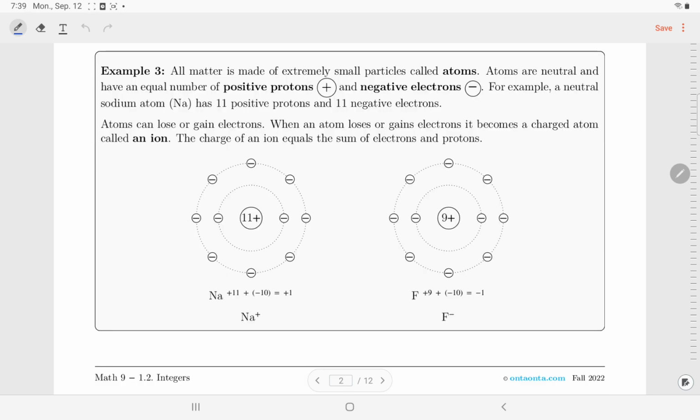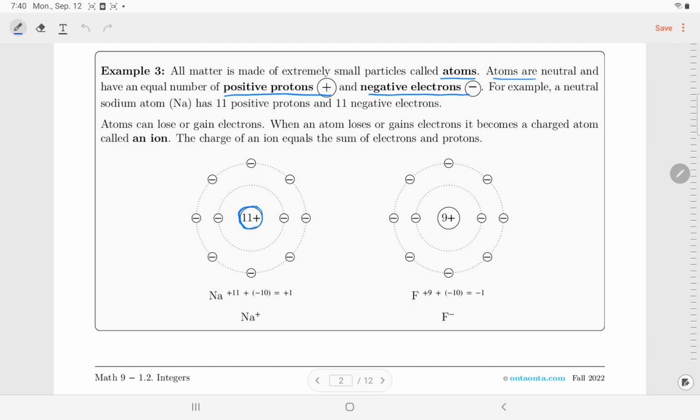In science, we learn that everything, all the matter, is made of small particles called atoms. Atoms are made of positive protons. These are found inside the center, the nucleus, and negative electrons, which are located outside the nucleus.